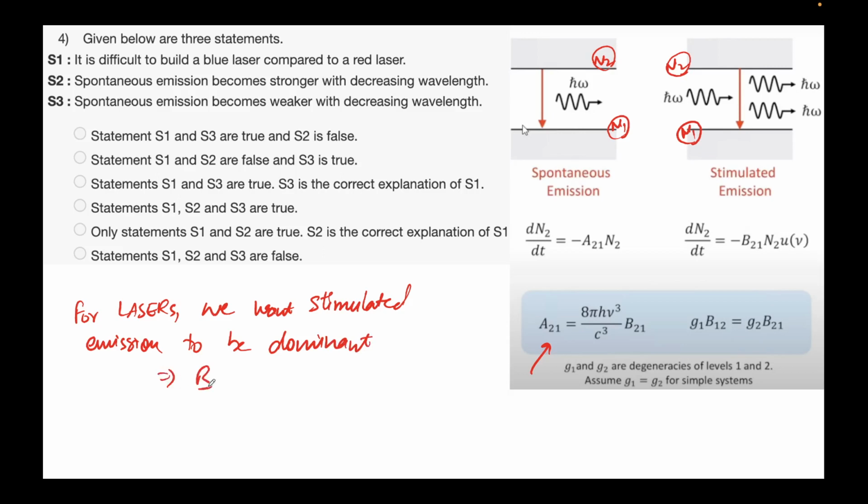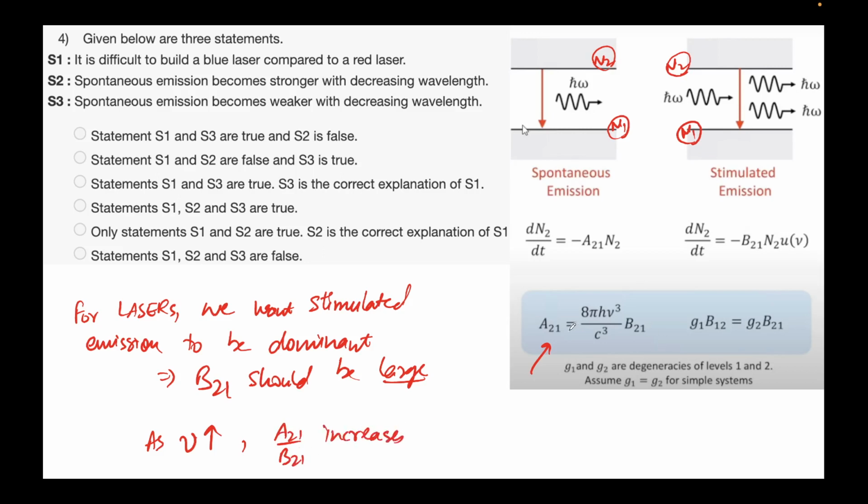This implies B21 should be large. Now that's fine, but all of them are constants except for this frequency term. So as you increase the frequency, A21 over B21 increases.